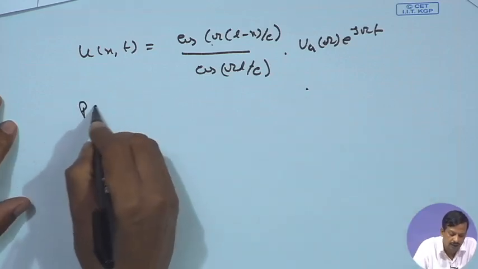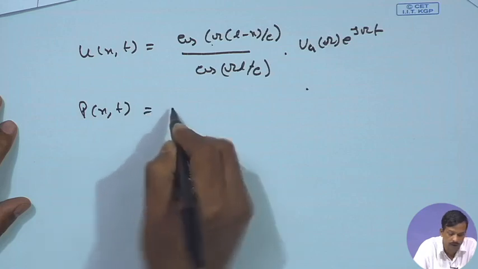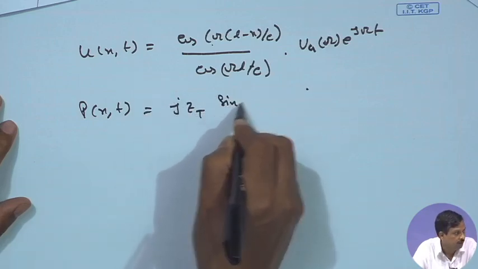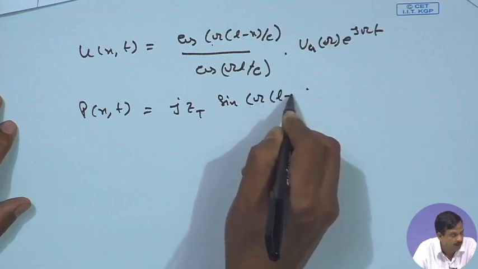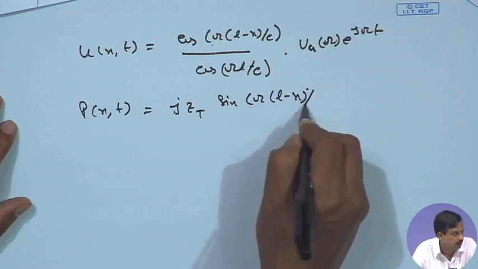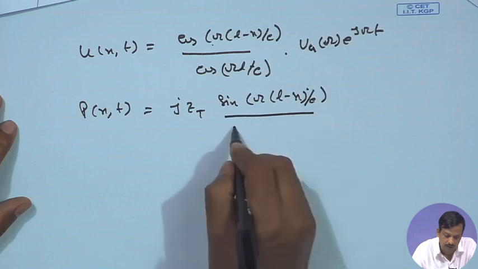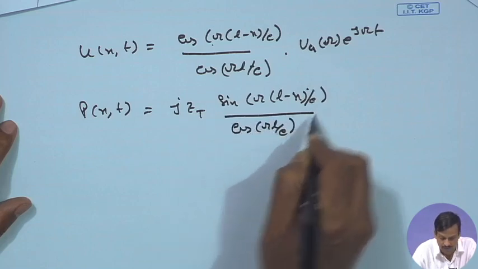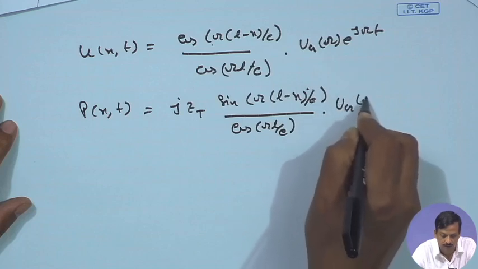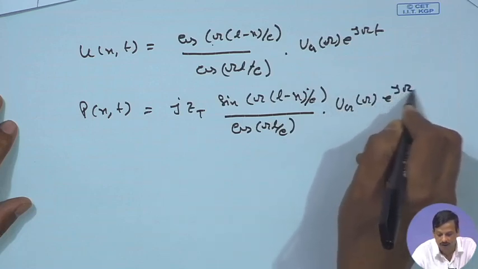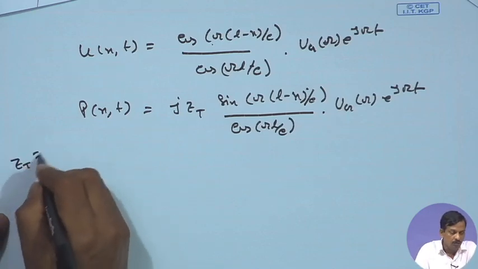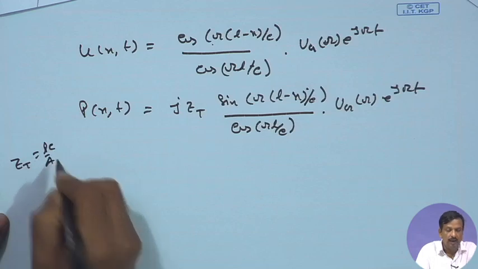Similarly, I will get p(x,t) as j omega Z_0 sin omega (L minus x)/c divided by cos omega L/c into U_g(omega) e to the power j omega t, where Z_0 is equal to rho c by A.